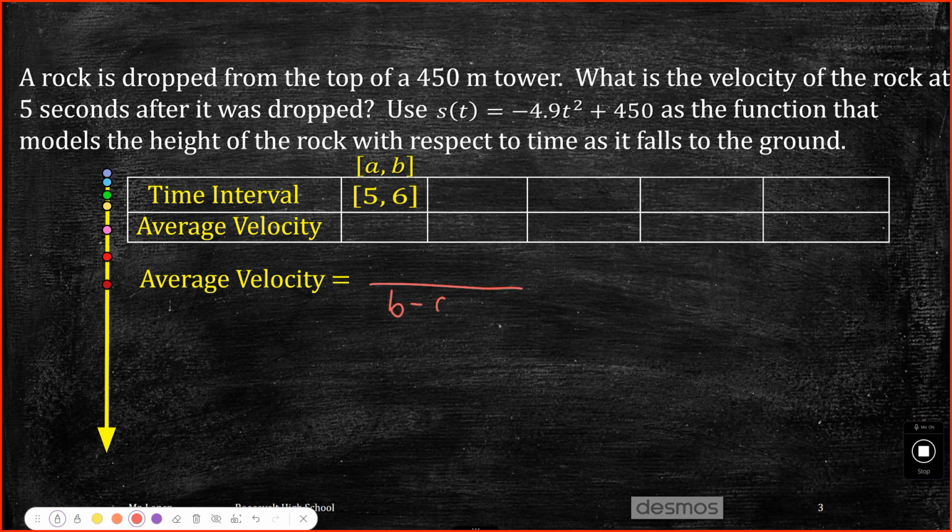B minus A at the bottom, F of B minus F of A, where A and B are 5 and 6. So B is 6, A is 5, so 6 minus 5 is 1, and then this is going to be F of 6 minus F of 5.